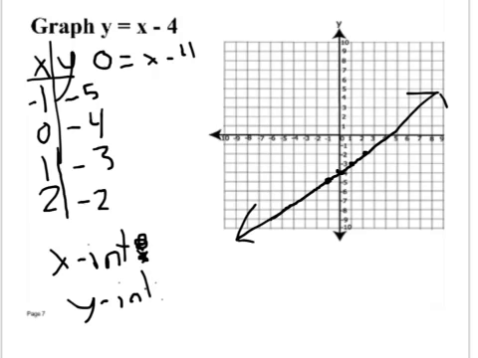What does x have to be? 4, okay? Because if I add 4 to both sides, x equals 4. Well, what's my y-intercept? I plug in 0 for x. What's 0 minus 4? Negative 4. Well, look, I've already graphed my y-intercept. And look, I've already graphed my x-intercept. So either way, does it matter which way you use? No. Here's your assignment.